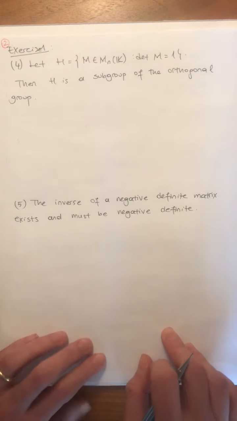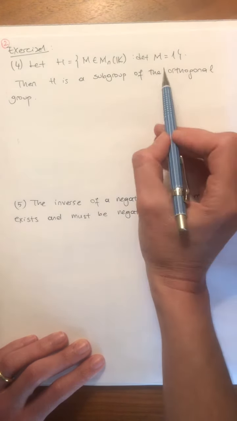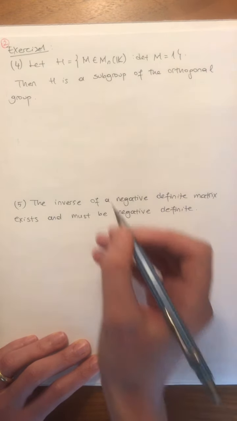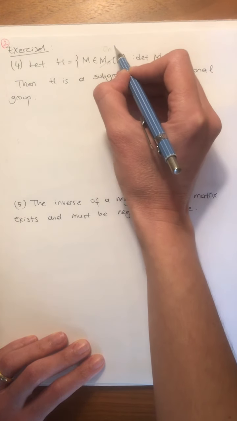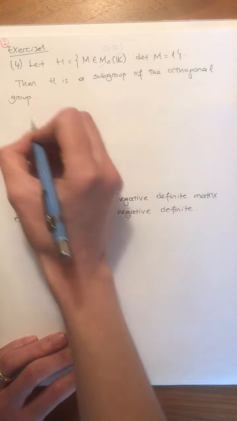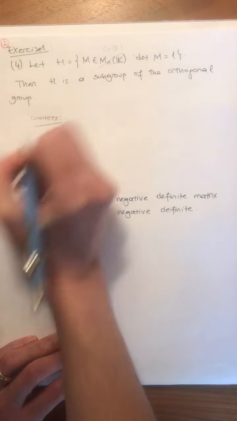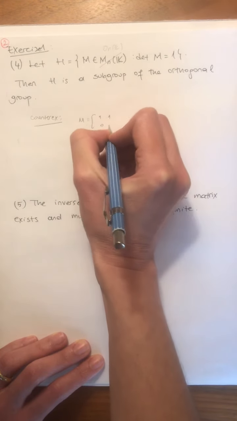Okay. Statement 4 claims that the group of the matrices with determinant 1 is a subgroup of the orthogonal group. So actually, to be a subgroup, it should be the orthogonal group, but otherwise the statement is not true. A counterexample can be given by this matrix.